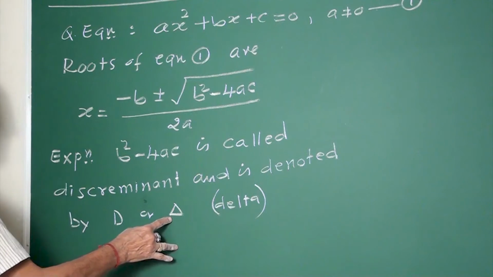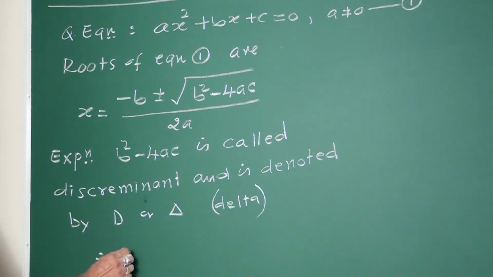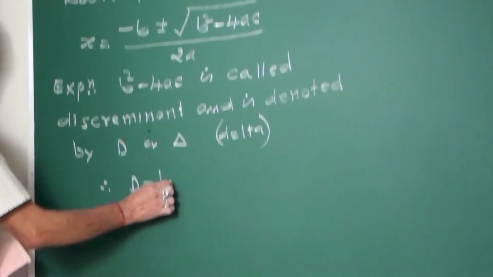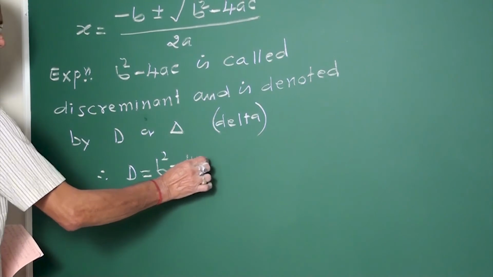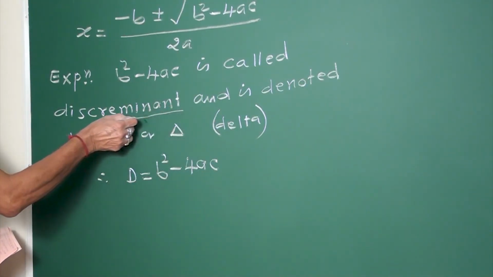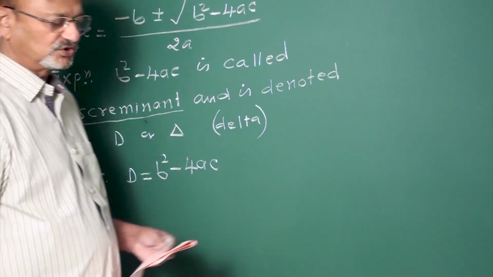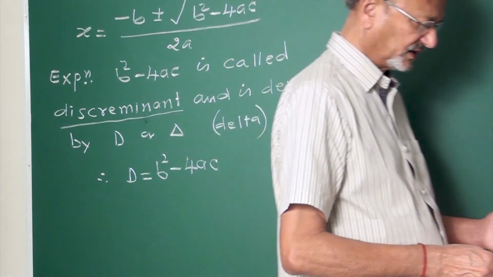This is capital delta, this is capital D. Therefore, I take D as b square minus 4ac. This is known as the discriminant. It plays a very important role.